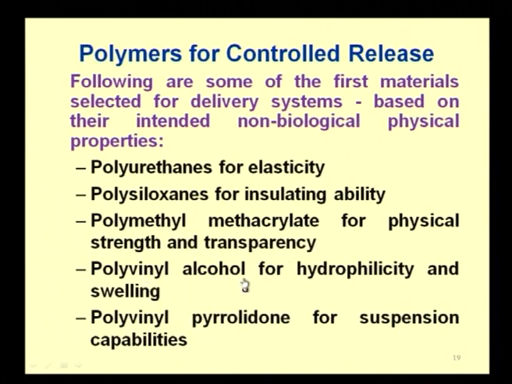Polyvinyl alcohol was selected for its hydrophilicity and swelling property. Polyvinyl pyrrolidone was chosen for its suspension capabilities. So, each one of these polymers was initially used for the different properties they possess as their inherent characteristics, to make use of them as drug release polymeric materials.